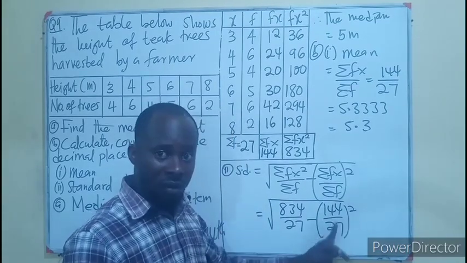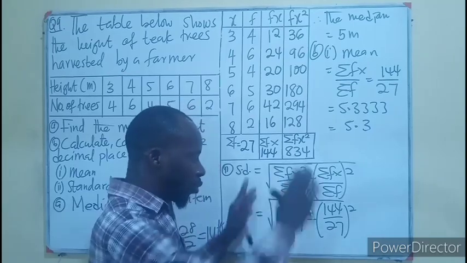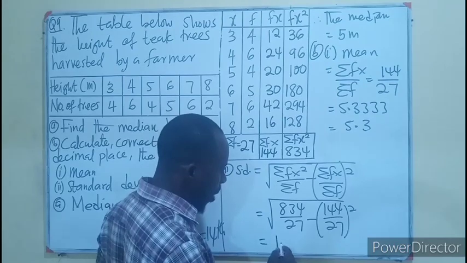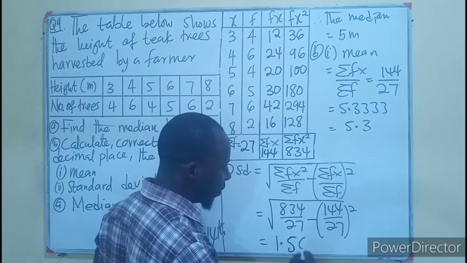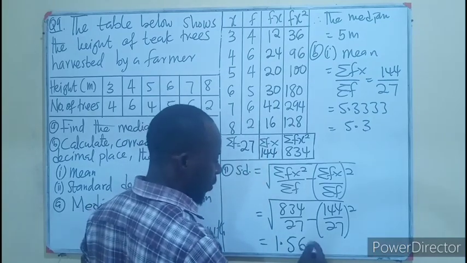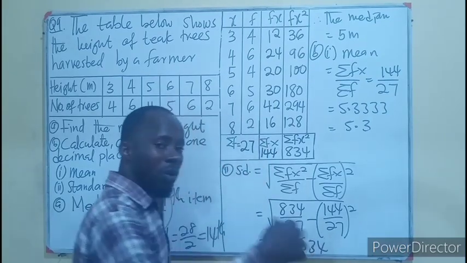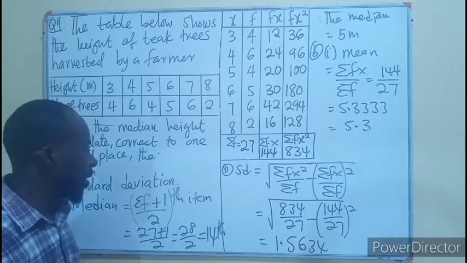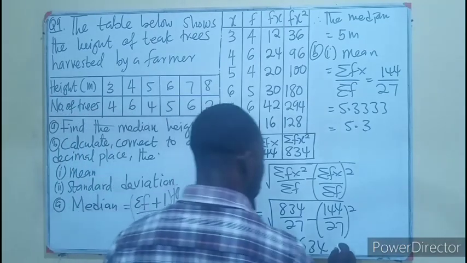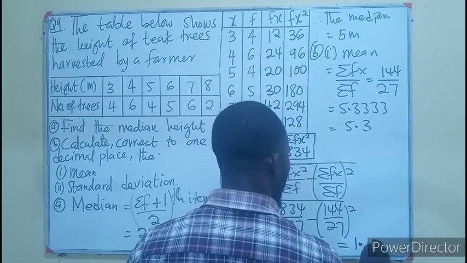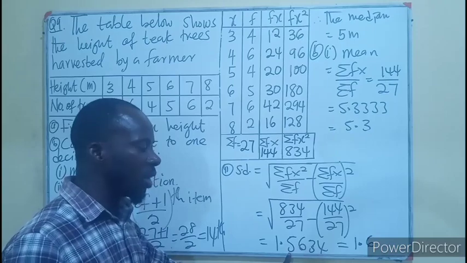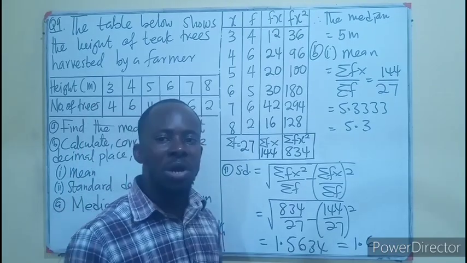That is the square of the value of this. And put all under the square root. And we are going to have 1.56334 with a lot of decimal numbers. But listening to the question, with one decimal place, this becomes 1.6. Approximating this to one decimal place, it will become 1.6.